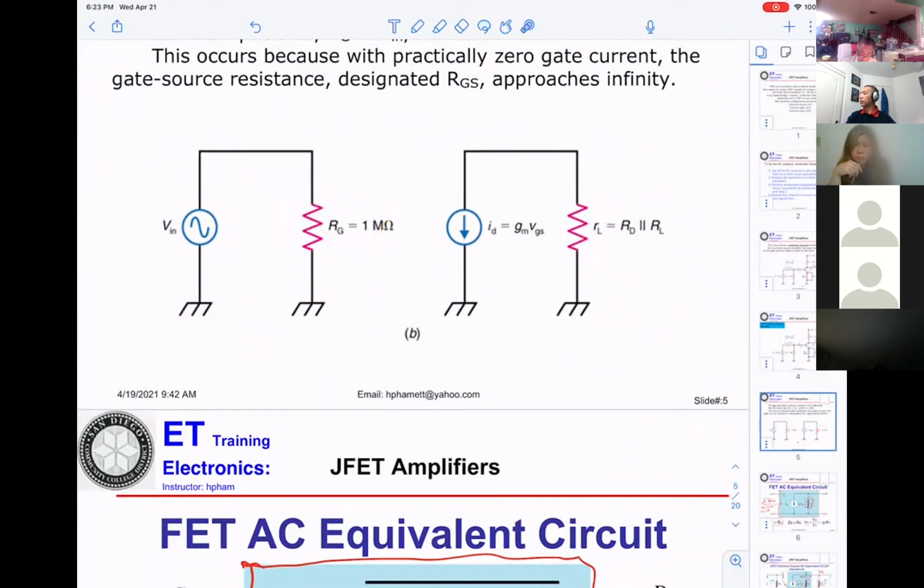And now they try to separate it for you. This is the input here, and you need RG equal 1 mega ohm here. If it did not have this resistor, the sideways signal would be shorted to ground, so you cannot get the signal into the circuitry.